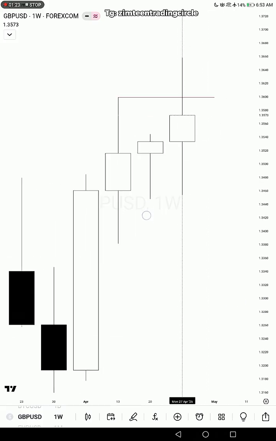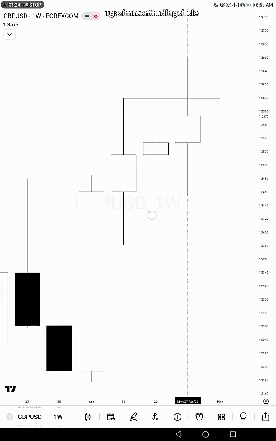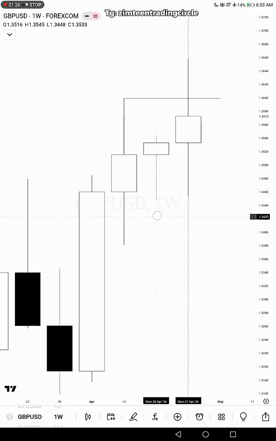So this is our previous week's price action on GBPUSD, and this is our current week's price action, which took one side of the range and closed back in the range. So we are to talk about this week's price action, this candle right here.